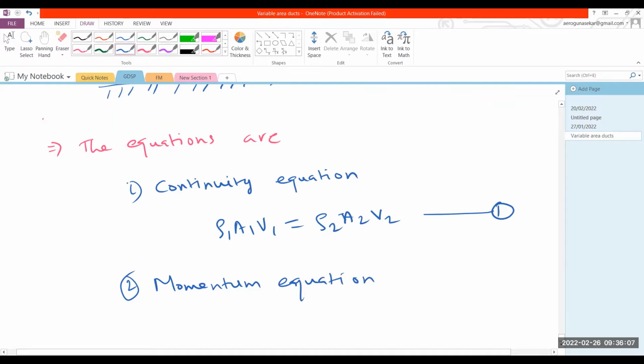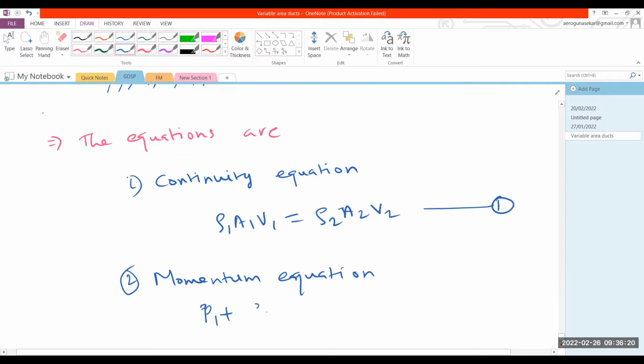The momentum equation is nothing but, as we saw, p1 plus rho 1 V1 square equal to p2 plus rho 2 V2 square. So this is your equation number 2.